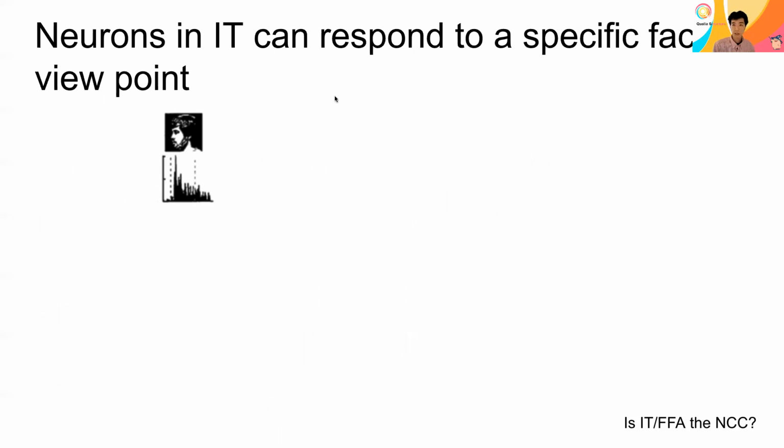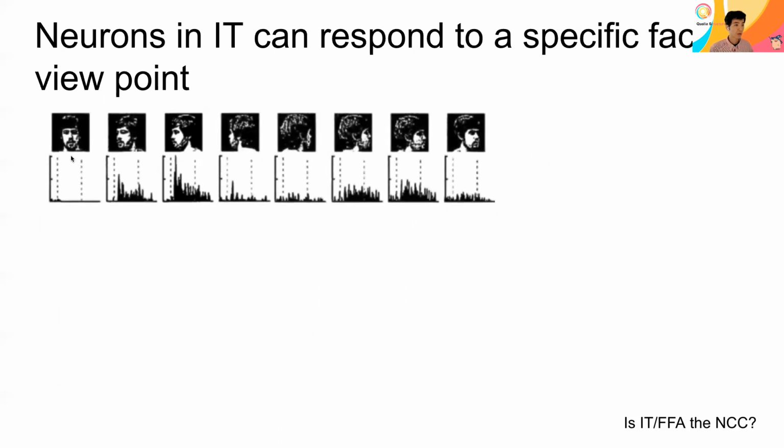But when this same neuron is shown a different angle of the same face, sometimes when the angle is very similar to the maximally responding one, like this or the other side, then it can respond relatively strongly. But it doesn't respond when the face is presented from the front or back, and so on, the different angles. So it's tuned to the face angle.